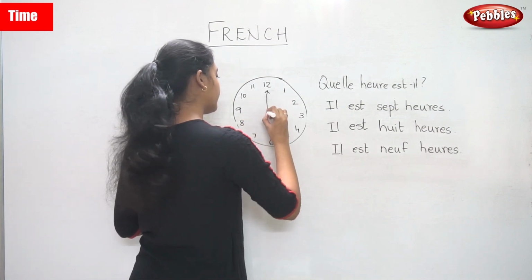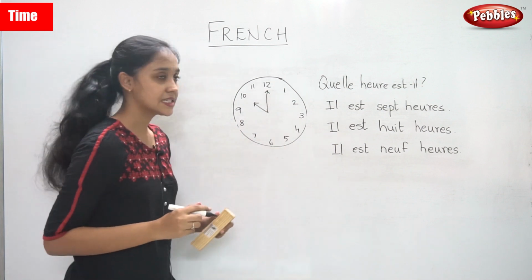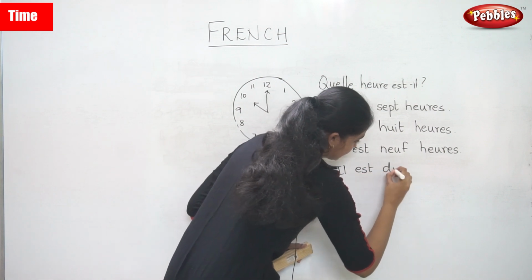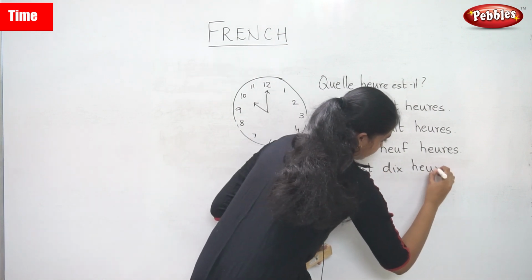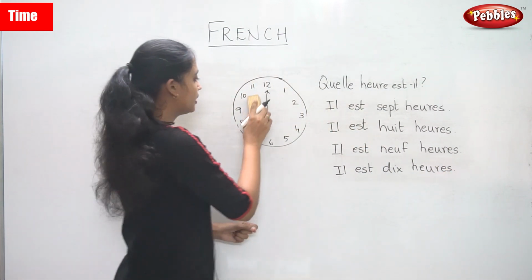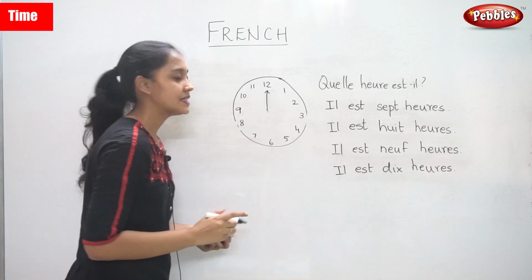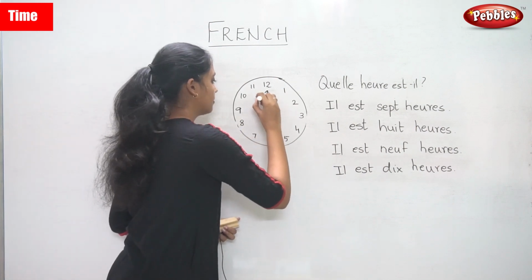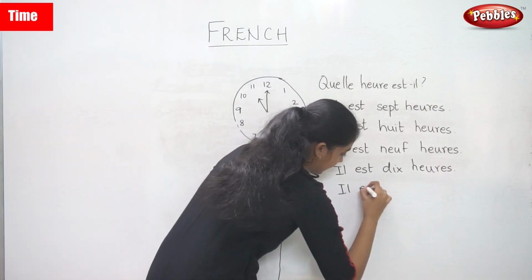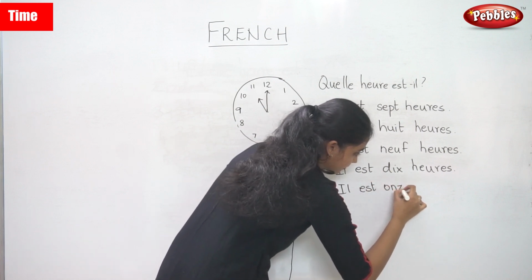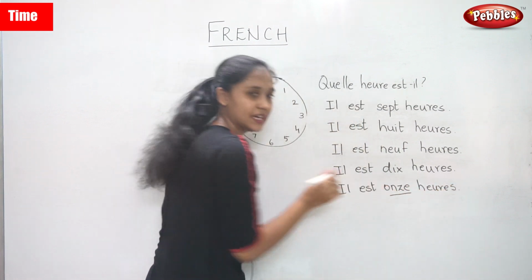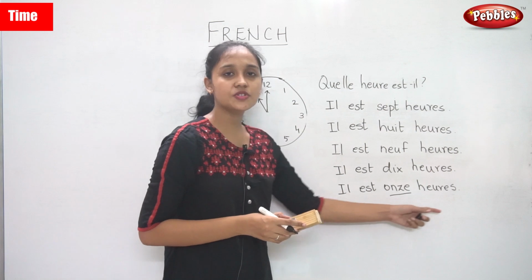The next one, it is 10 o'clock. Il est 10 heures. Now, when it is 11 o'clock, you would say il est 11 heures.